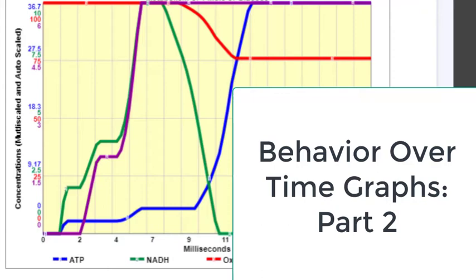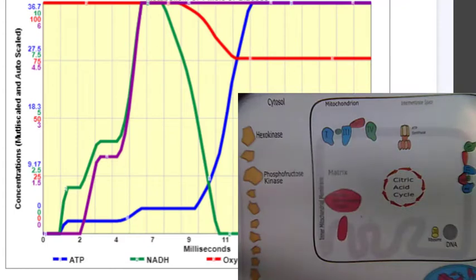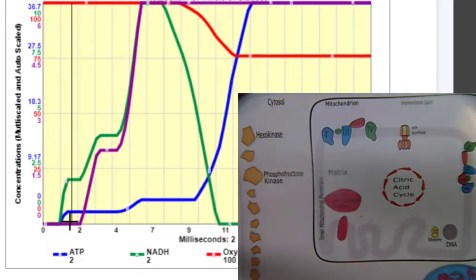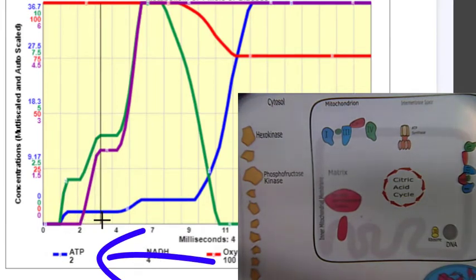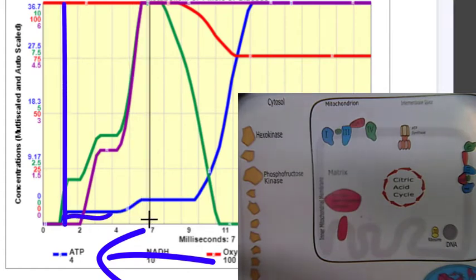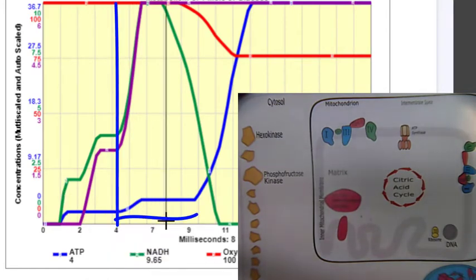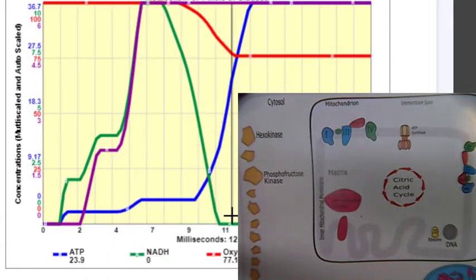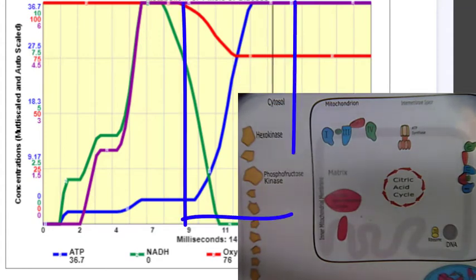We can also use these behavior over time graphs to just interpret the general process of any given system. In this case, you can click on the graph and see, okay, well, 2 ATP were produced here, and then 2 more ATP were produced here, and then, ooh, a whole bunch of ATP were produced here.